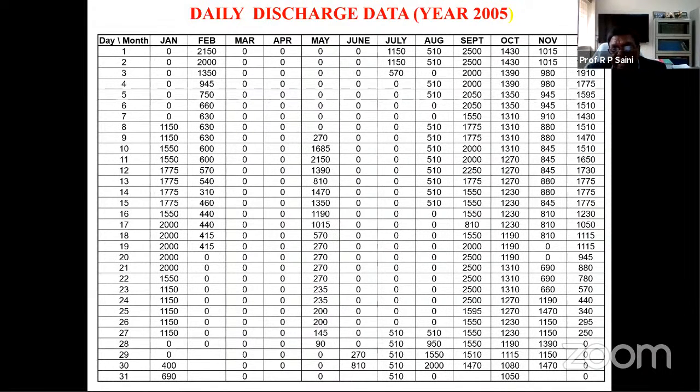So what exercise do I have to do? At least I should have the daily discharge data for at least 1 year or 2 years. Let us talk about 1 year of data.